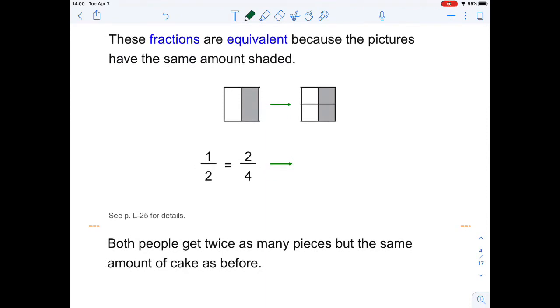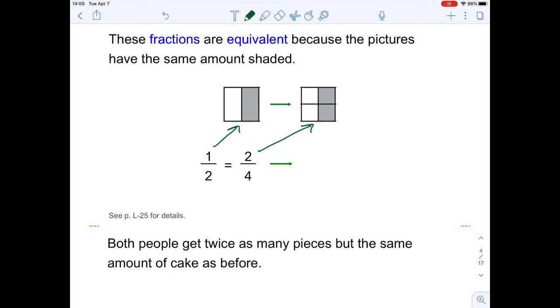So when we talk about two fractions that show the same amount, we are talking about equivalent fractions. These two pictures show equivalent fractions. First we have 1/2 in this picture, and then we have 2/4 in this picture. And we can see that in both cases, we have half of the cake.